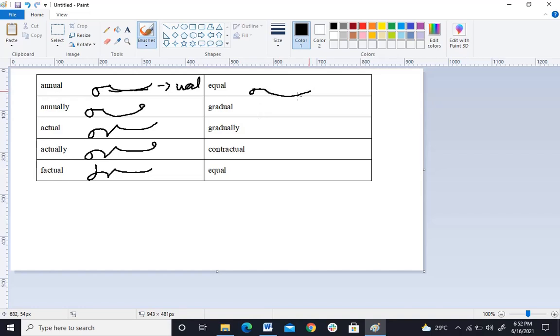And then yung ating wal. Gradual. G-R-A-D. And then wal. Gradually. G-R-A-D-L and li. Contractual. Con and then tract. Tual.